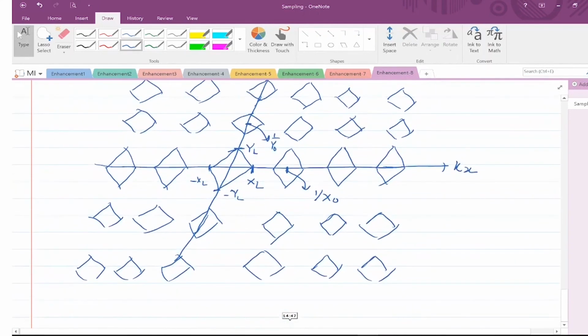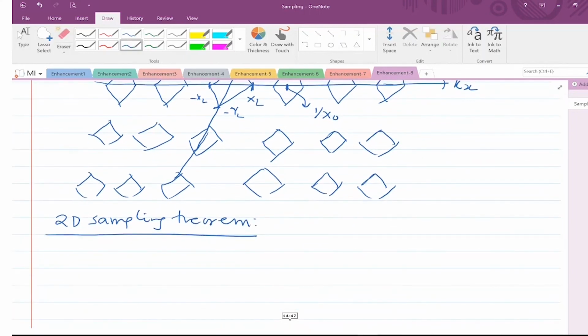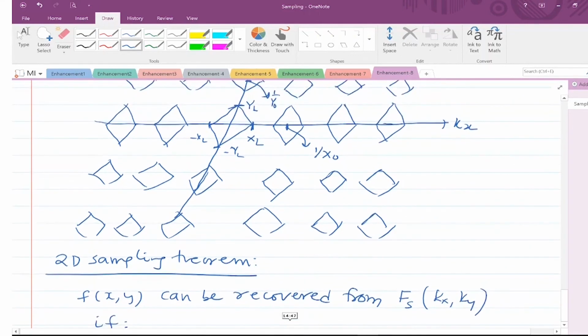Now you could look at the 2D sampling theorem here, along similar lines to what we have seen in the case of 1D. So what can we say here? F of x comma y can be recovered from F_s of kx comma ky if there is no overlap caused by placements in the x direction.